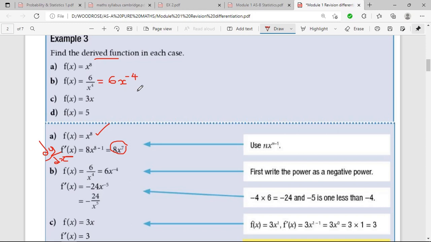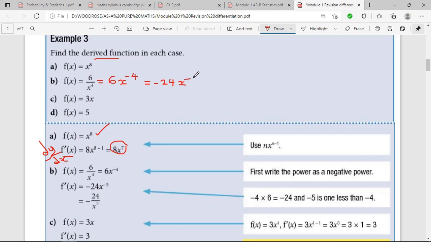So using the law, we are going to bring down minus 4 here. As you can see, 6 times minus 4 gives minus 24, from multiplying 4 and 6. So we are going to remain with what?